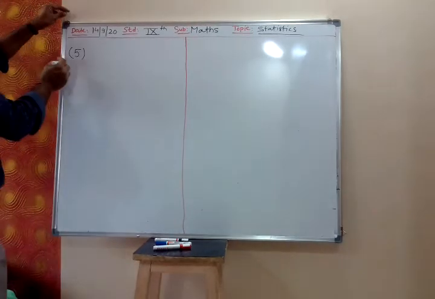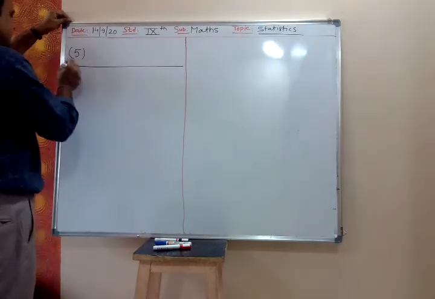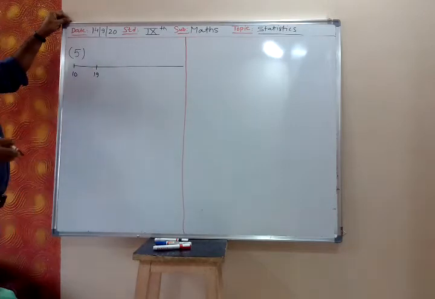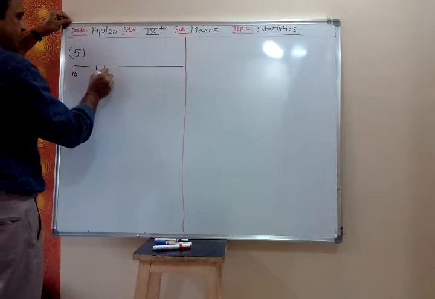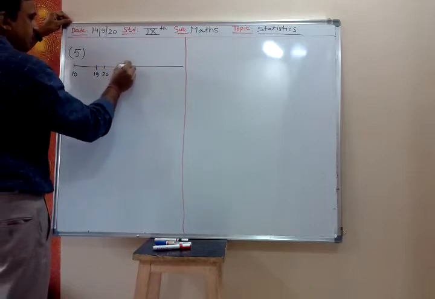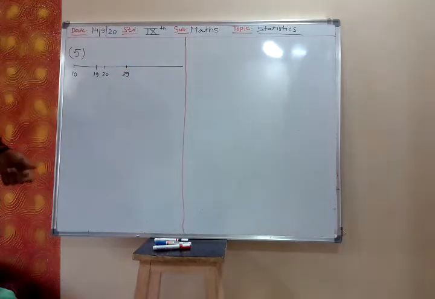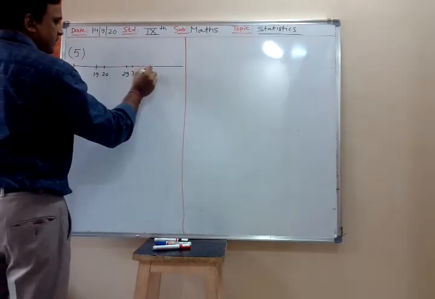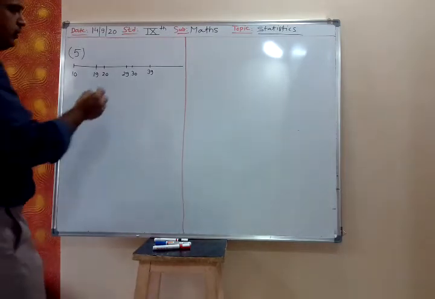You are given the classes 10 to 19. The next is 20 to 29, then next 30 to 39, then next 40 to 49.